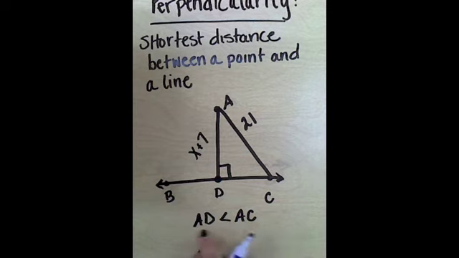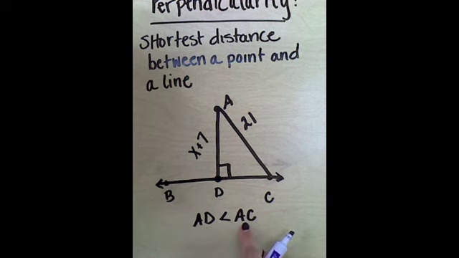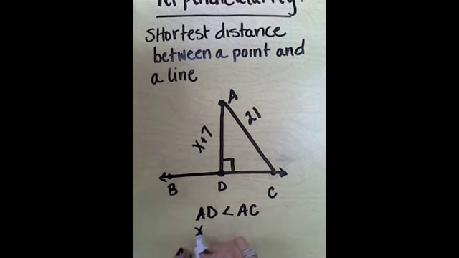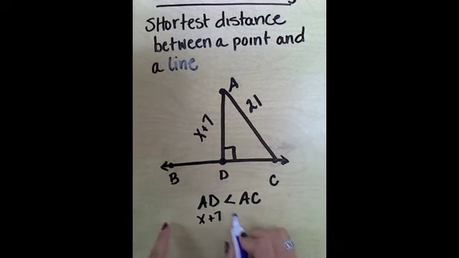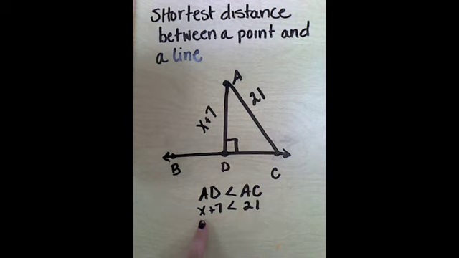Instead of leaving it like this, just like we've done all along with our segment addition postulate, substitute in the values. This says the length of AD, this says the length of AC. So the length of AD, x plus 7, is less than 21. If I want to figure out what the values of x could be, just subtract 7. And we find out that x has to be less than 14.